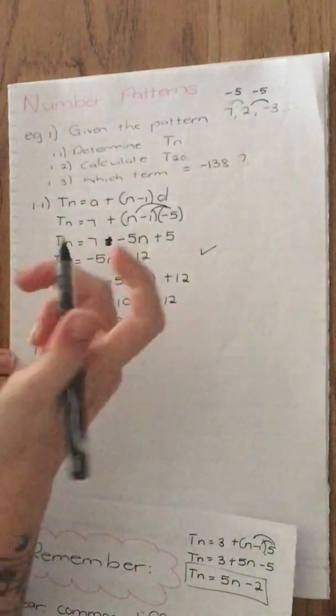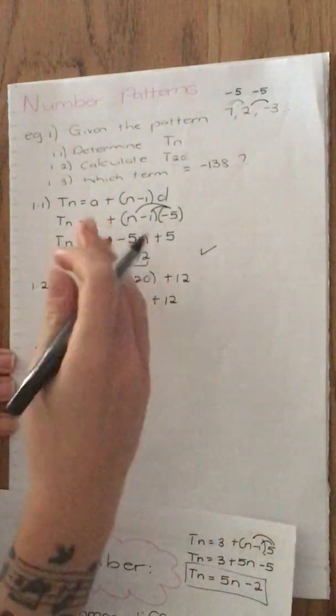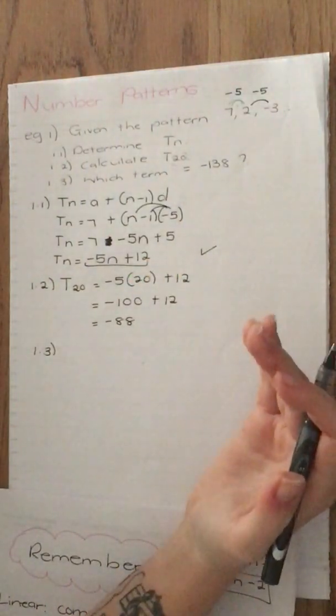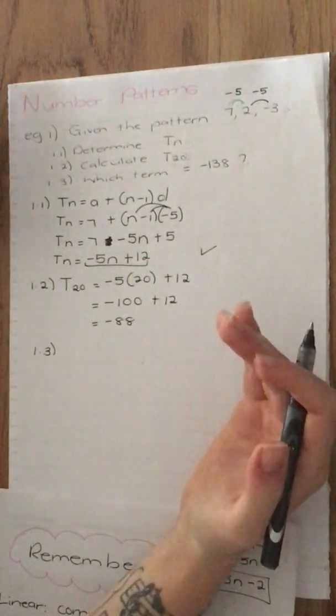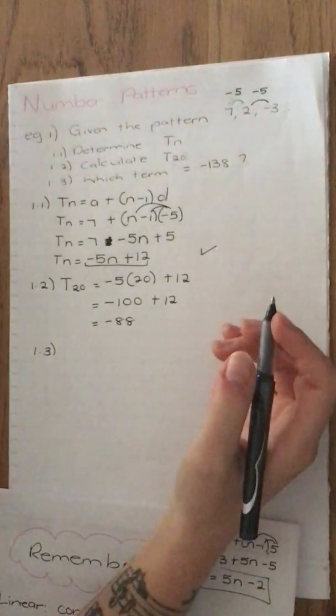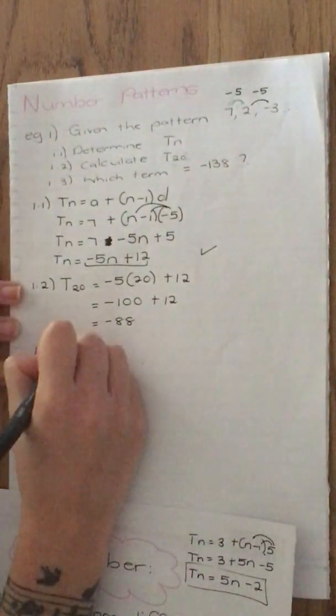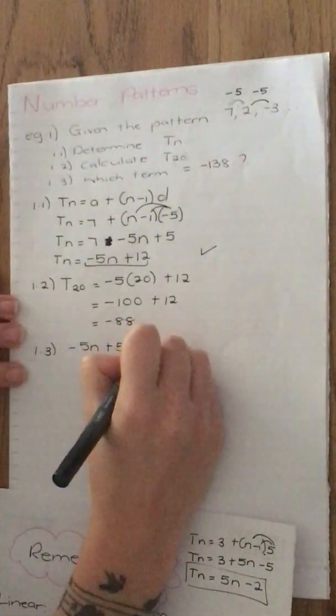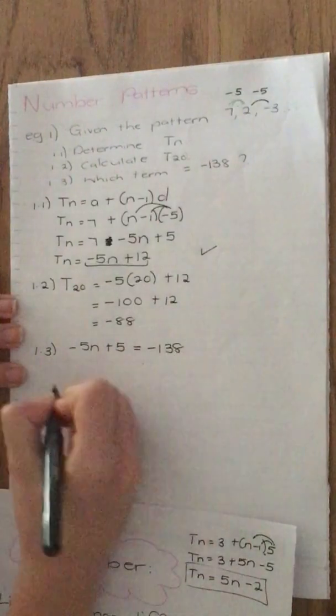Okay, and then lastly, 1.3, which term is equal to -138? That means you are now going to take your formula and make it equal to that number, and then you will have to calculate what n is. They are looking for the term number. N stands for your term number. Okay, so -5n plus 12, we're going to make it equal to negative 138.